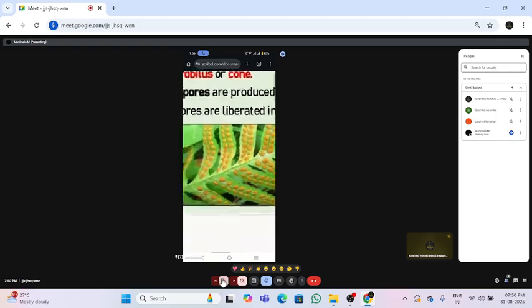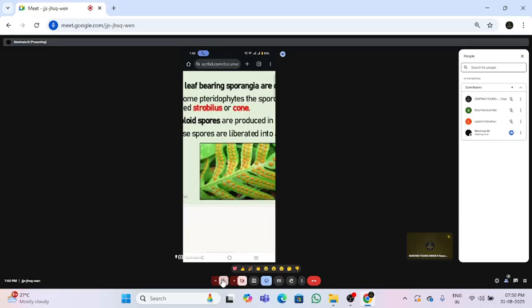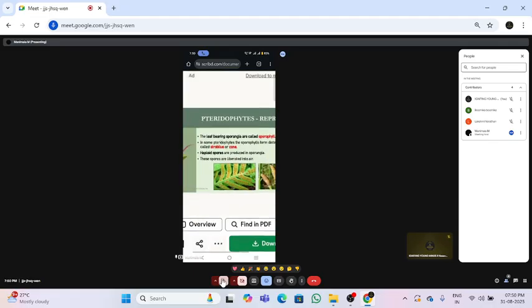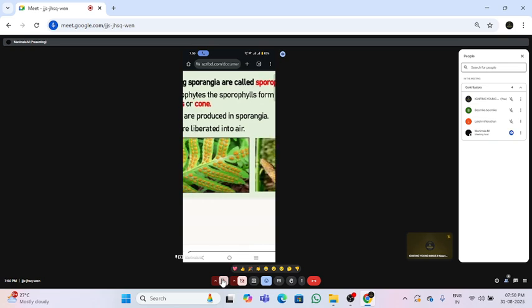The leaves bearing sporangia are called sporophylls. The leaf will bear the spores. For example, this is an Equisetum plant. In this condition, the sporophylls are present on the backside of the leaves.